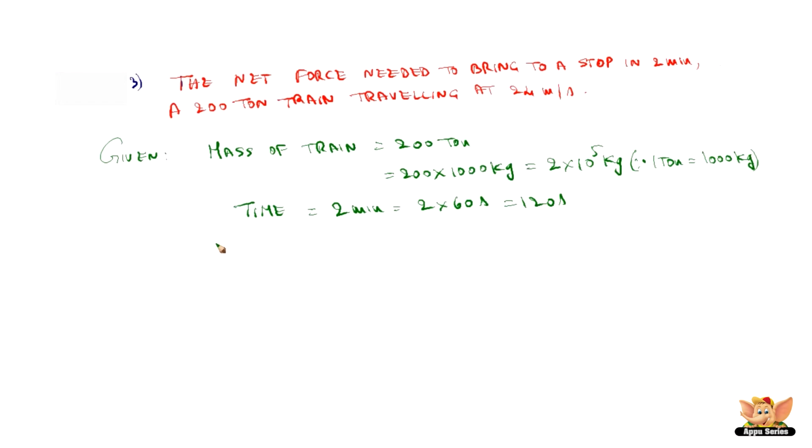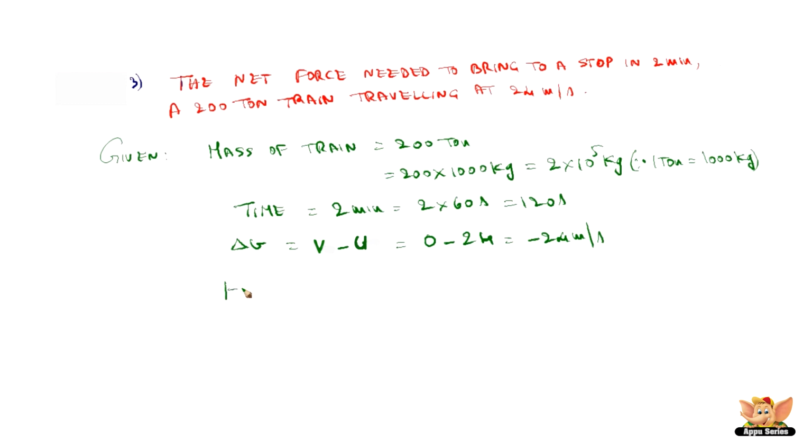And the change in velocity, delta V, is from the initial velocity to the final velocity. So U is 24 and V is 0, which is minus 24 meter per second. Here the minus sign indicates a backward direction. It is stopping.